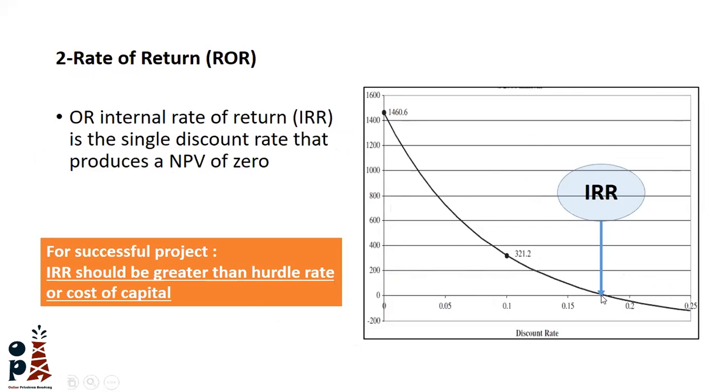This is on the curve, it should be here. To have a successful project, you should have this value greater than what we call the cost of capital or hurdle rate. So if you have a cost of capital of 10%, you should have an IRR greater than 10% to have a successful project.